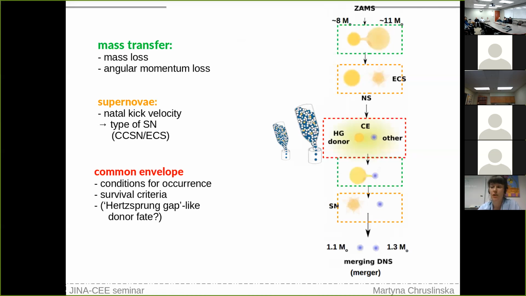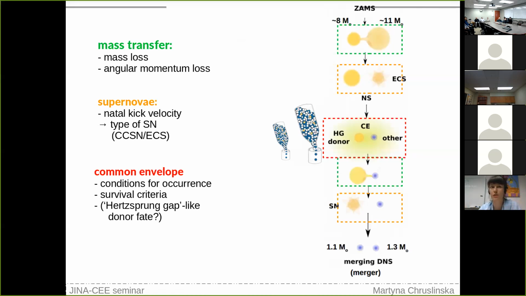And within the classical binary evolution channel, this mechanism is provided by common envelope, which is a short-lived phase that happens when we have a really high mass transfer rate, so it goes unstable.